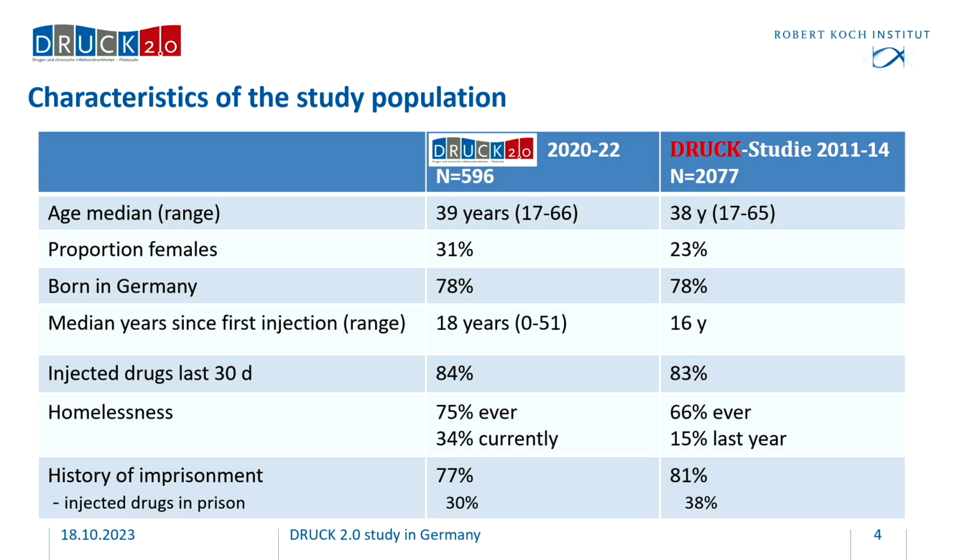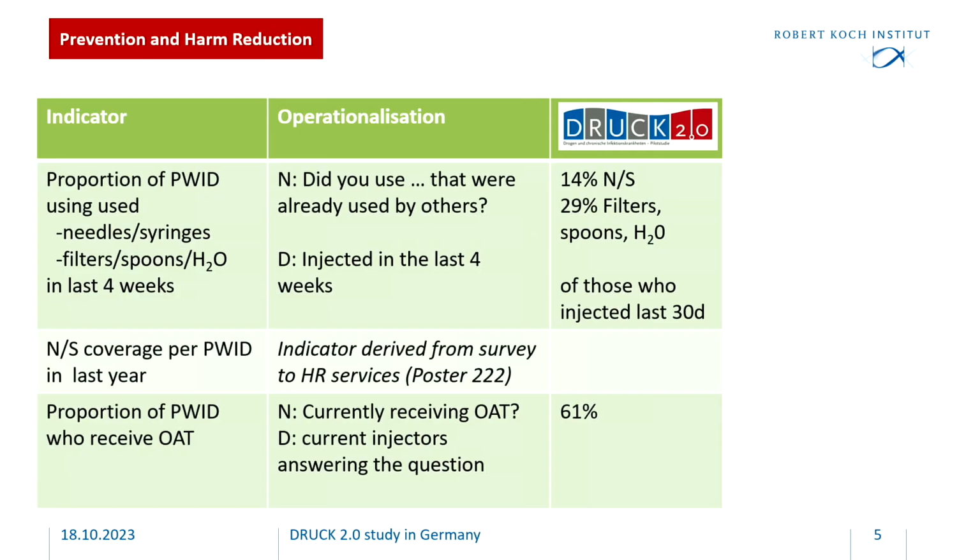Increasing proportion of current homelessness, up to 34% in the recent study, and a high proportion with history of imprisonment in both studies. And in the following, I will now focus on very selected indicators, and I start with indicators on prevention and harm reduction.